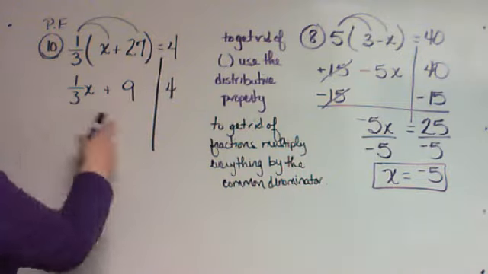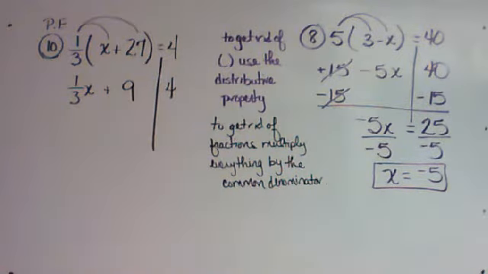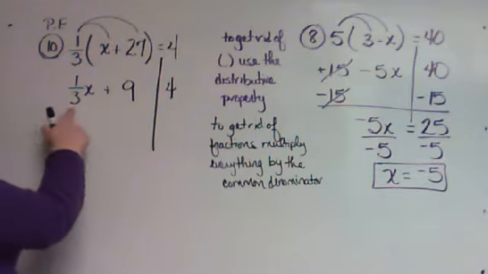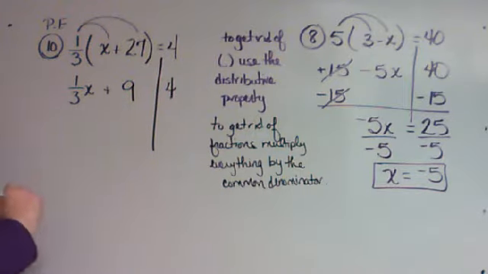What's my common denominator here? Well, it's 3. That's the only denominator we got, other than the ones, which we don't even write.